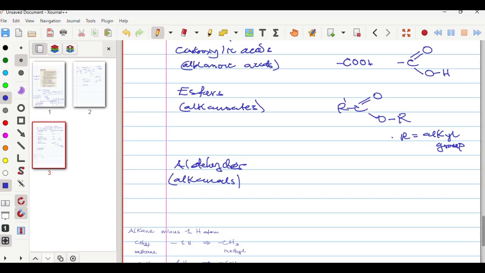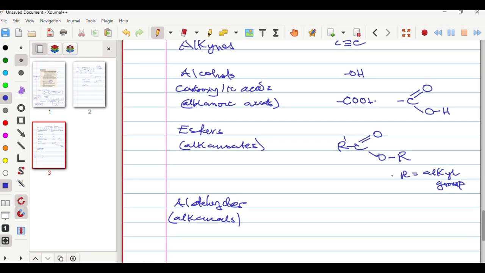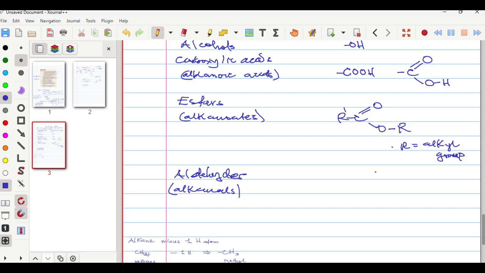When you see a compound like this, you know easily that alkanol is present here, or this is alkanoic acid, or this is an ester. We'll look at an example of each one of them. I think I should be adding it as we are going.